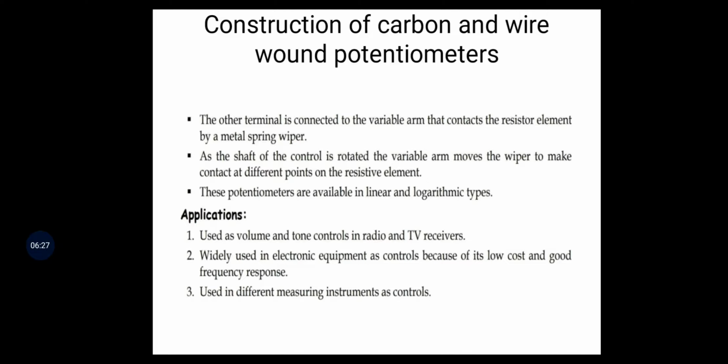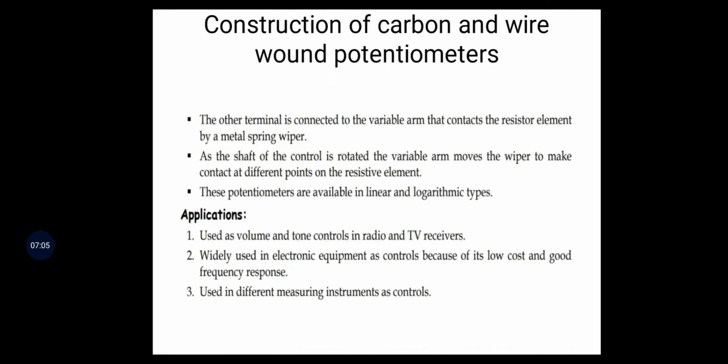Next we are discussing applications of carbon potentiometers. What are the applications of carbon potentiometers? These potentiometers are used as volume and tone controls in radio and TV receivers.